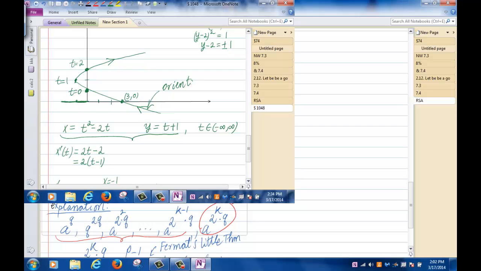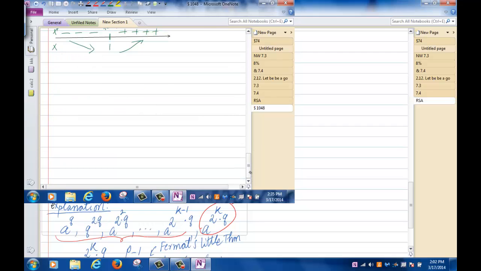Orientation of the curve. Let me write down the word orientation so that you don't forget. Orientation: how the curve is traced as t increases.